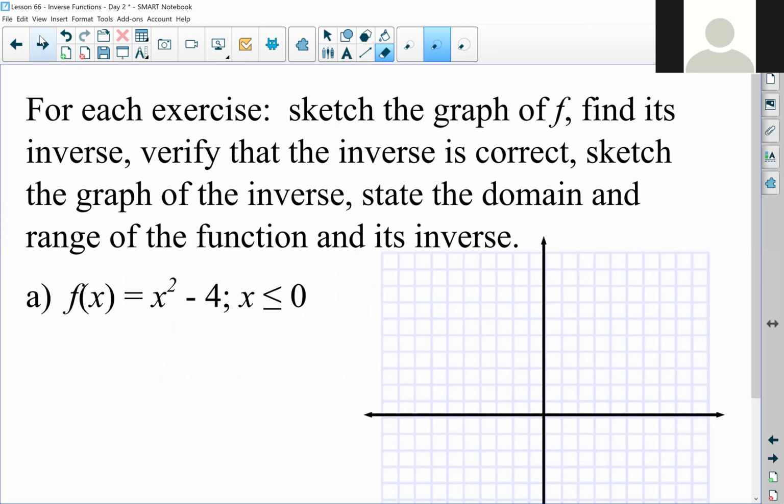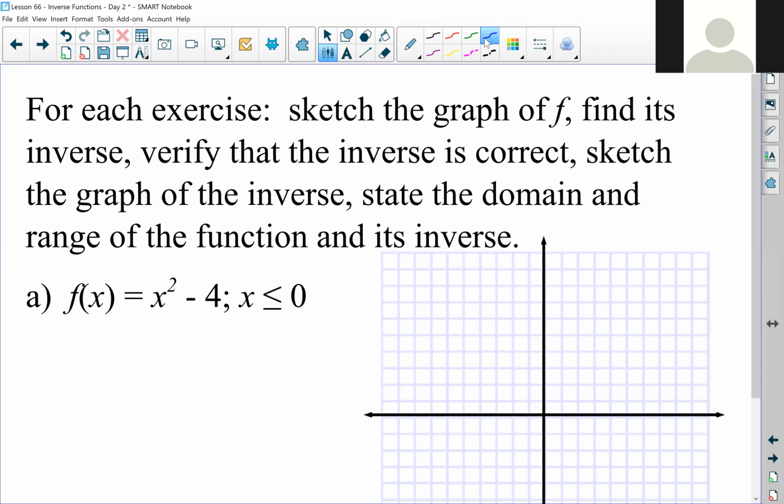So your homework is going to look like this. It's actually going to say, sketch the graph of f in blue. I would just say, if you have different colors, that's fine. Otherwise, a pen and a pencil work great. Find its inverse. Verify that the inverse is correct.